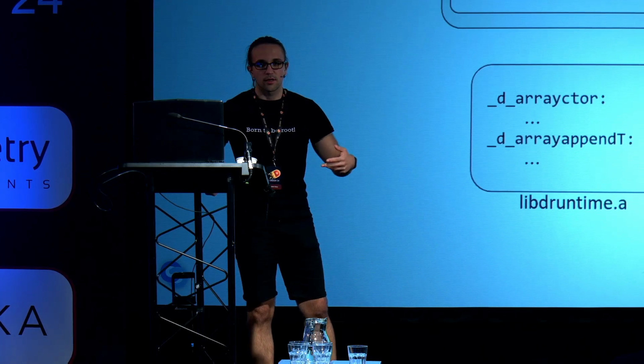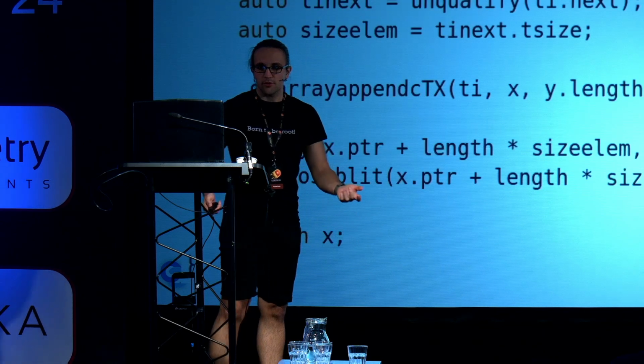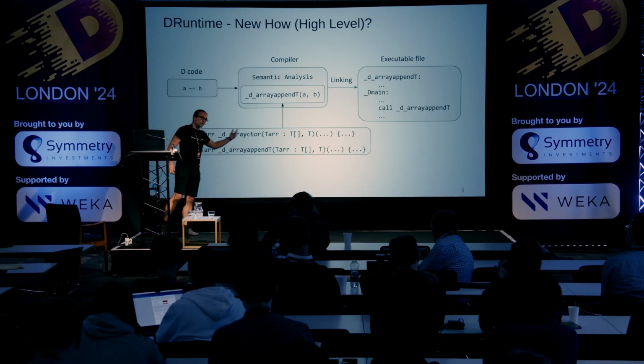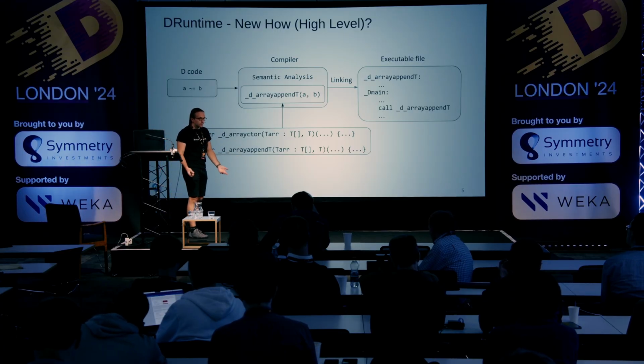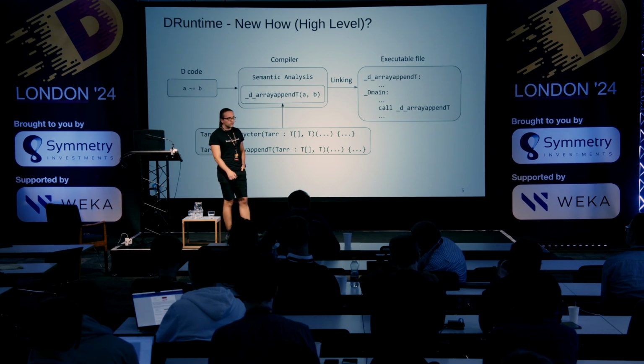But what you can have is more instances of the same hook, because when you instantiate templates, if you use DArray append with integer arrays, you'd have one instance of this template. If you use DRuntime append with some class arrays, then you'd have another instance of it. So you might run into template explosion, but we haven't had the time to explore this. But this is a very fair point, and we should worry about it.